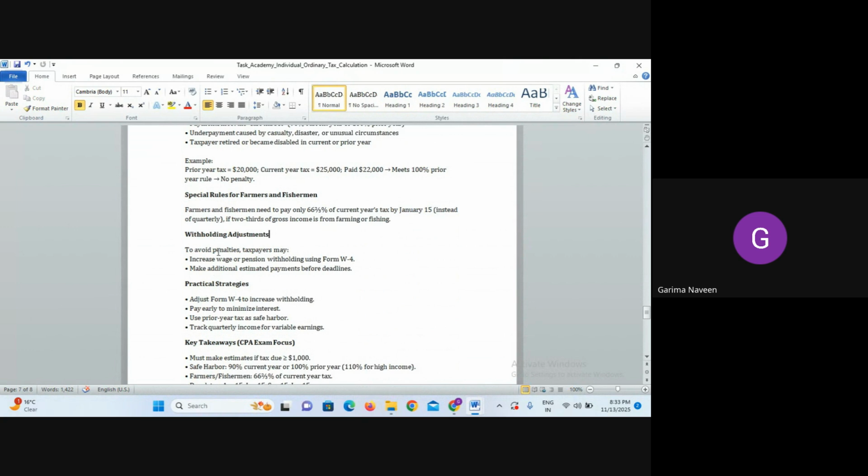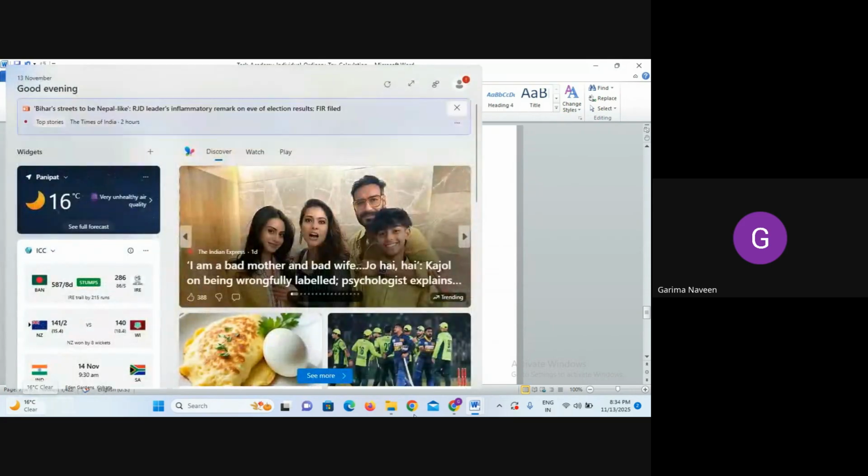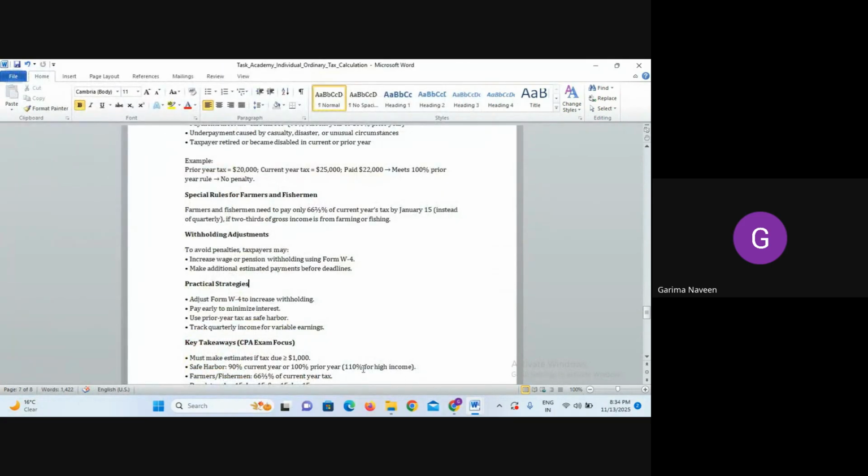Withholding adjustment means that to avoid any penalties, the taxpayer may increase wage or pension withholding using Form W-4 and make additional estimated tax payments before deadlines. That's how you can avoid your penalty if you have a lower tax liability or if your estimated payments are enough before the deadlines.